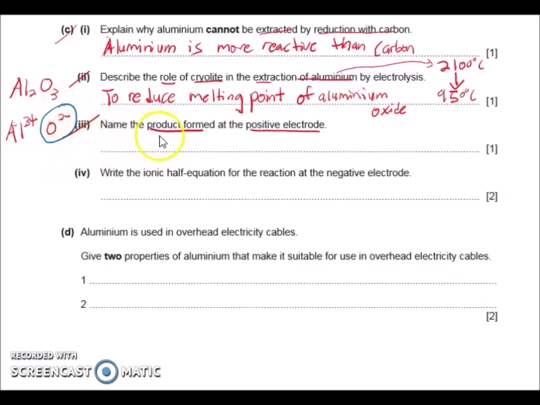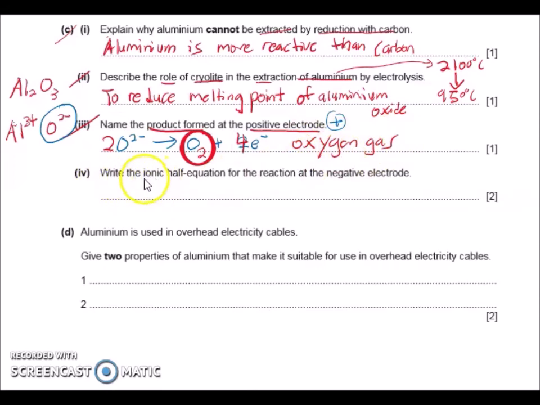It will be attracted to the positive electrode. So here what happens is, this anion will discharge themselves to become an oxygen atom, and they'll release 2 electrons. So since oxygen appears as a diatomic molecule, so here will be 2, we change this one to 4, and here will be 2. So the product formed is oxygen. Okay, so you can say it's oxygen gas.